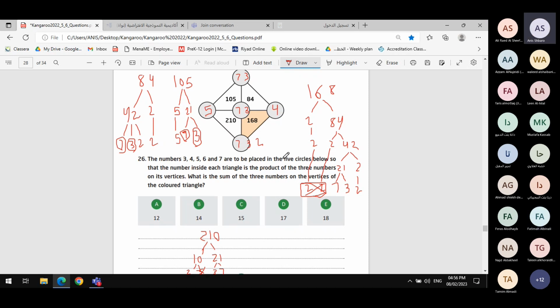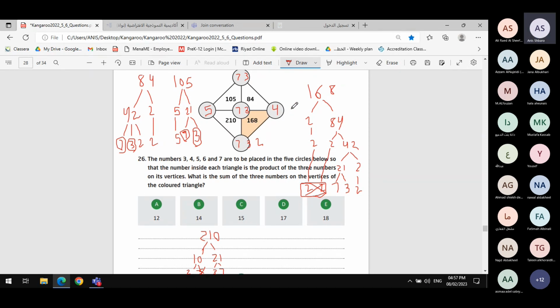Okay, what we are doing here is the following. First of all, we did the prime factorization to understand each number and the factors of the number, because the multiplication of the factors will be the number itself. And each number will have 3 circles around it. When those circles are multiplied, we are going to obtain the number.